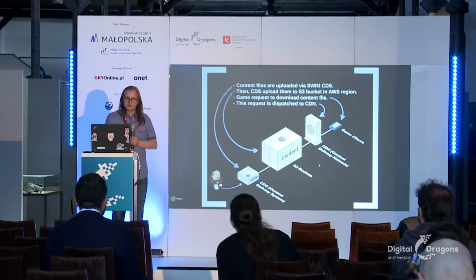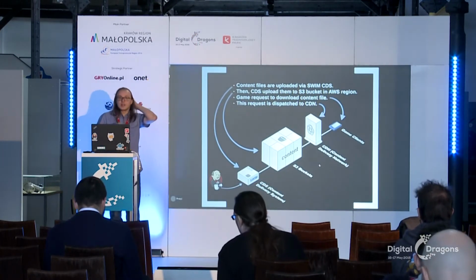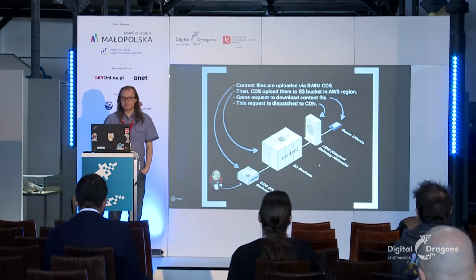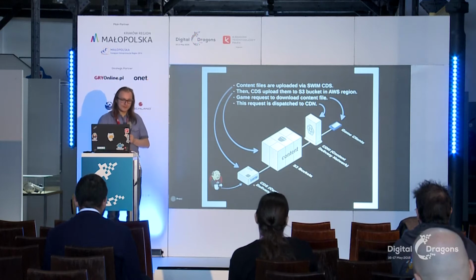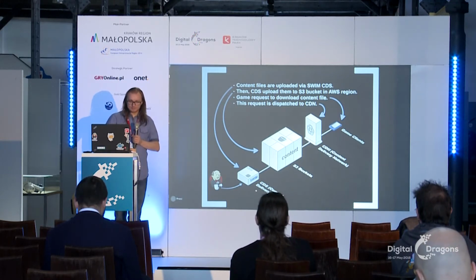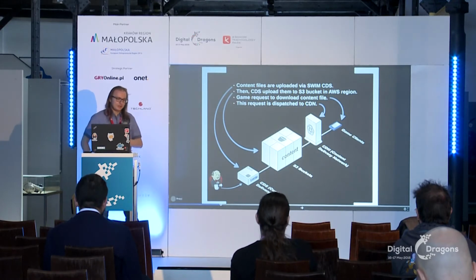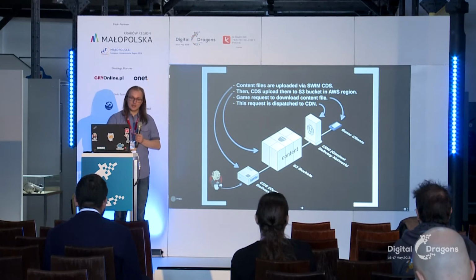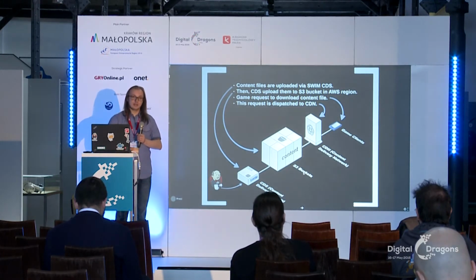Okay, so how do we deliver this content? We have a system. We call it CDS. It's an acronym from Content Delivery System. It manages the files and uploads these files into the S3 bucket.